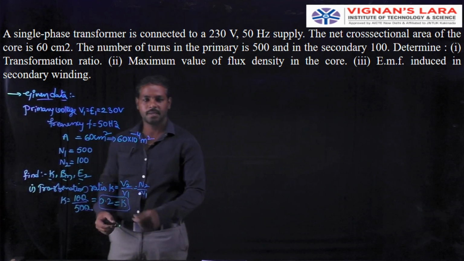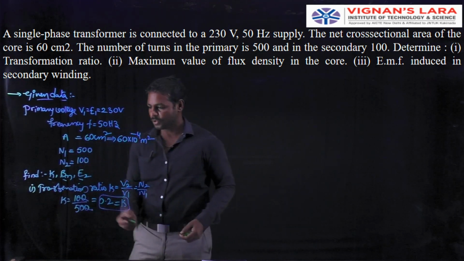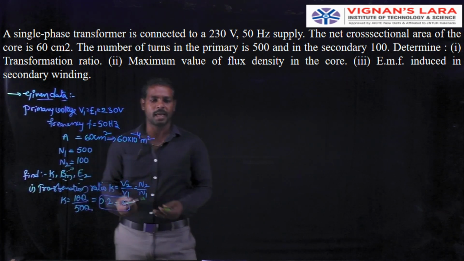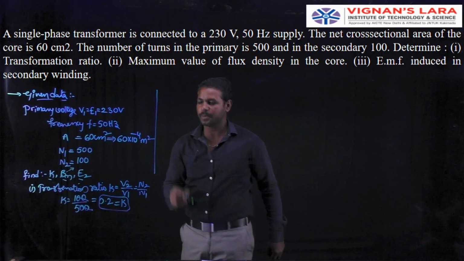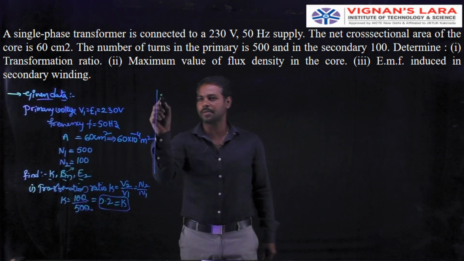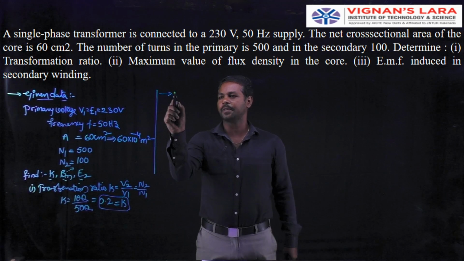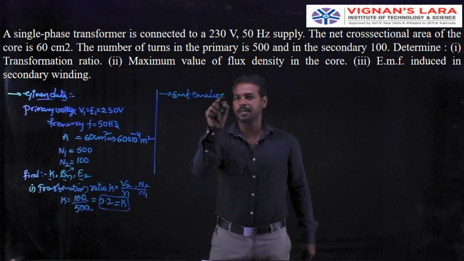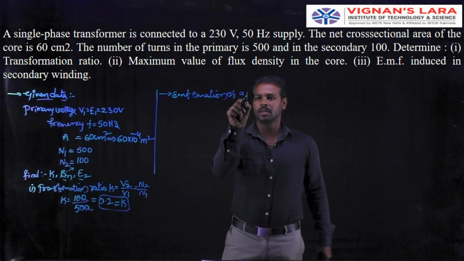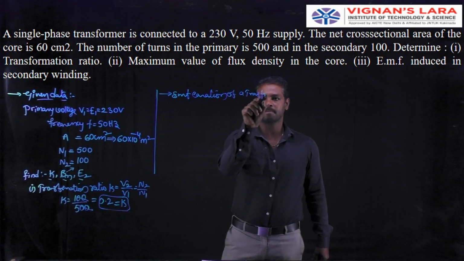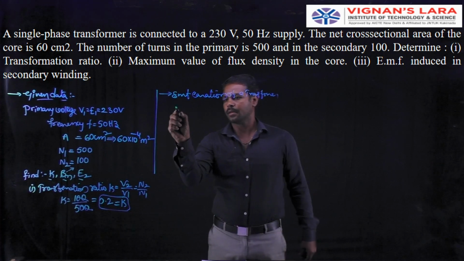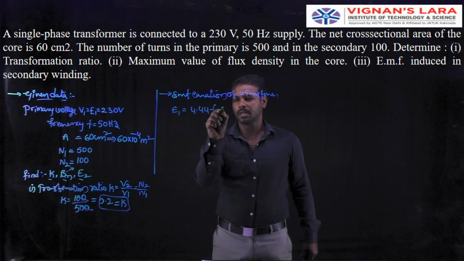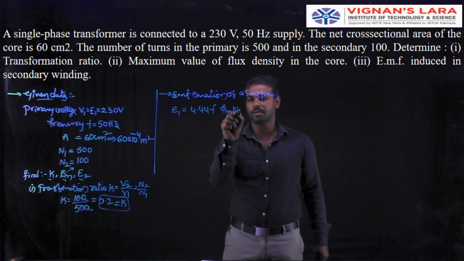So second one is maximum value of flux density. Before going to the flux density, first of all we calculate the maximum flux. So maximum flux is always calculated by using EMF equation of a transformer. E1 is equal to 4.44 into F into phi m into N1.